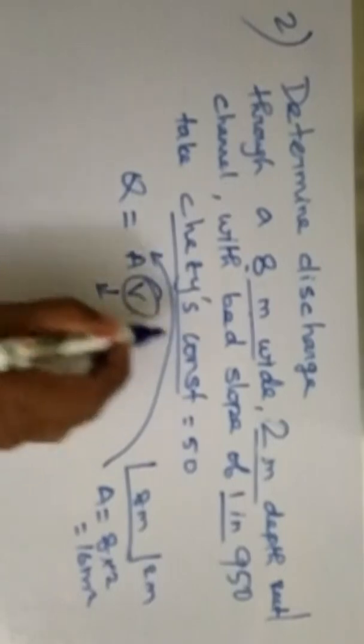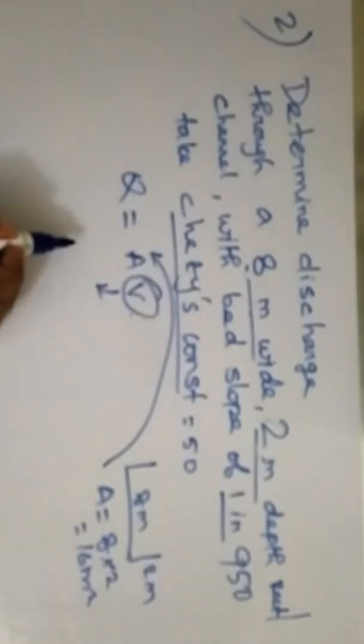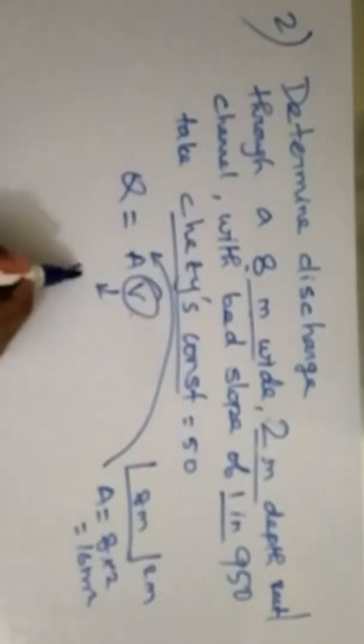For velocity, they have given Chezy's constant, so I know Chezy's formula: V is equal to C times root of mI. Here Chezy's constant is given as 50. The I value is 1 in 950, that means 1 divided by 950. M is not given, so we have to calculate m.